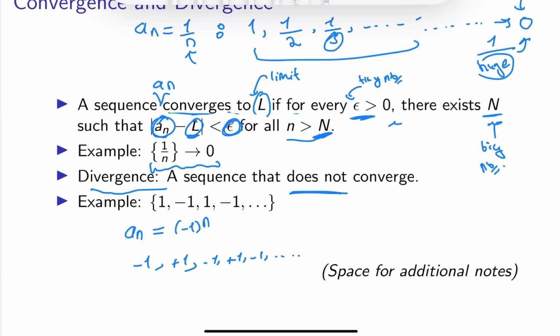So if I ask you what will happen eventually to this sequence, you just have no idea where it is going to end up. This is what's so-called divergence, because in this case the limit does not exist. There is a way of defining rigorously what divergence means, namely you negate the convergence statement, but we're not going to be needing that in this course.